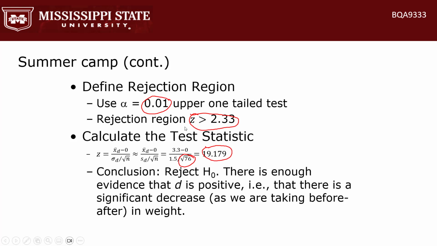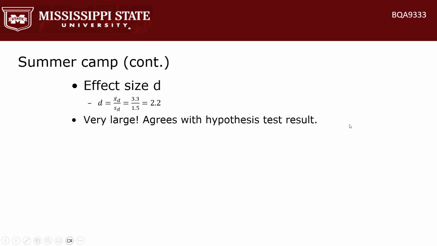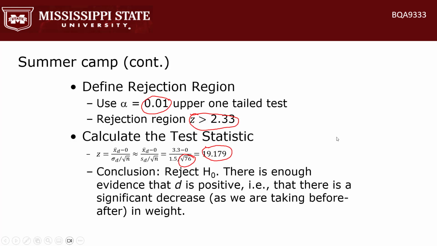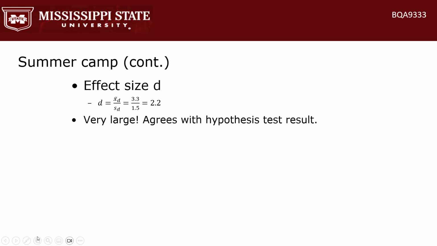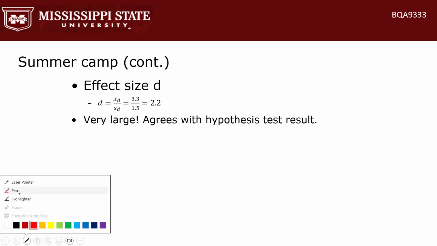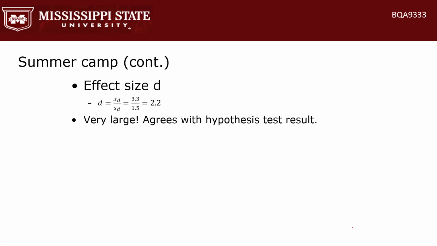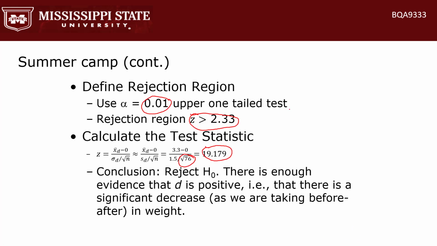Just think about our rejection region. Let's just do that, and put that in the middle, and then z alpha equals 2.33.